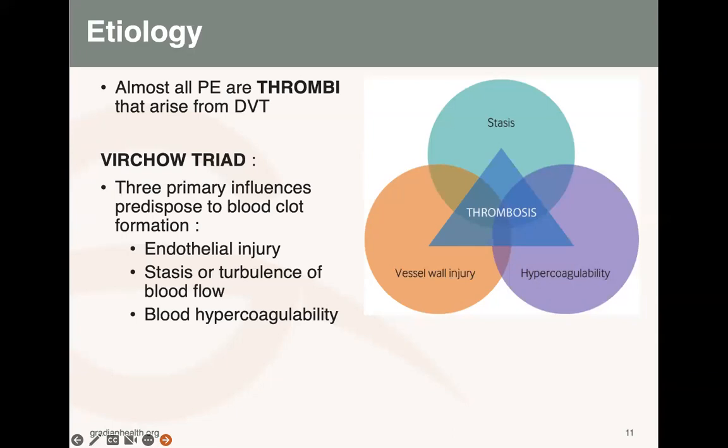But the other thing could be the hypercoagulability state. In a hypercoagulability state, there is an imbalance between procoagulant enzymes and anticoagulant enzymes, and most commonly it is from genetic defects. But it can also happen due to use of some drugs.